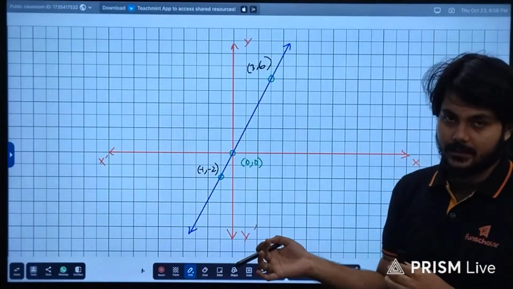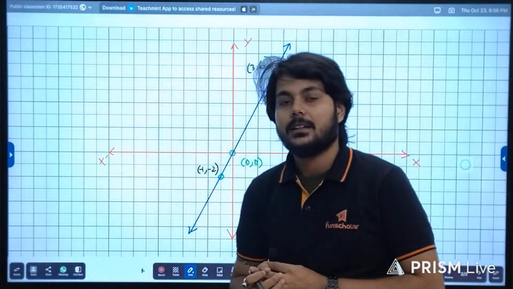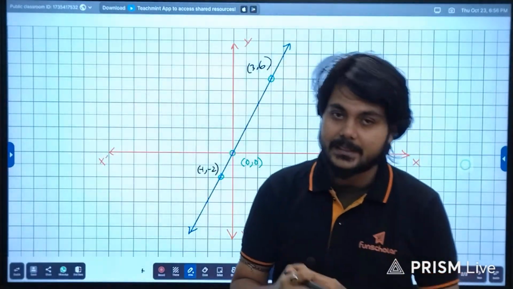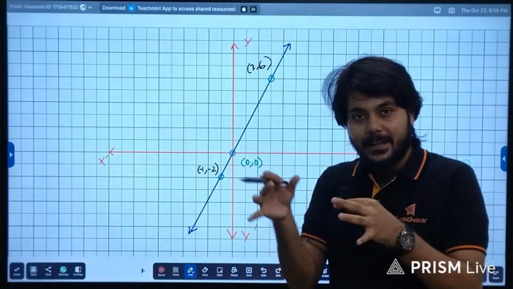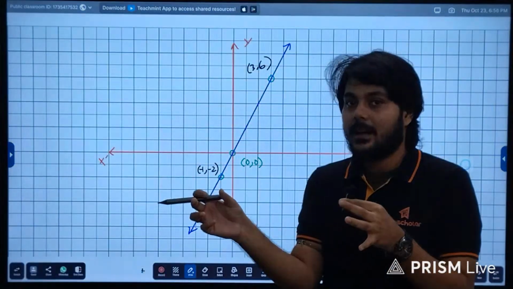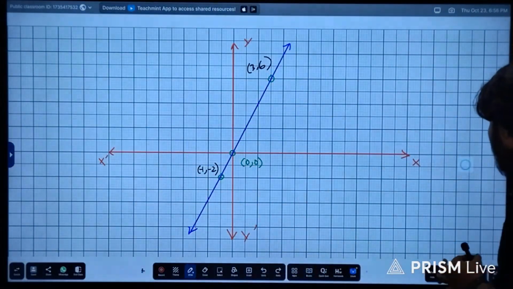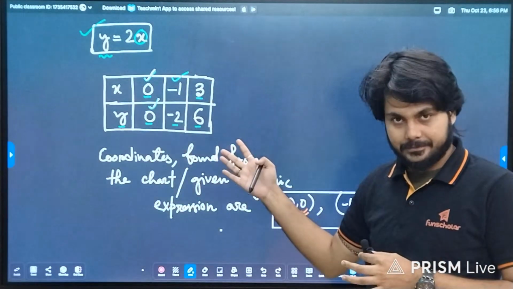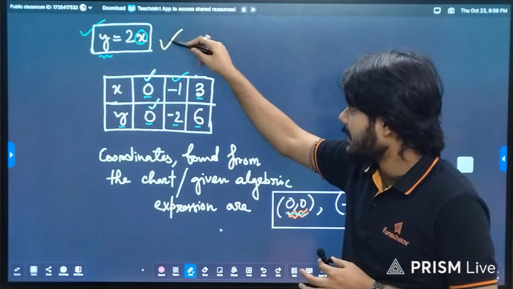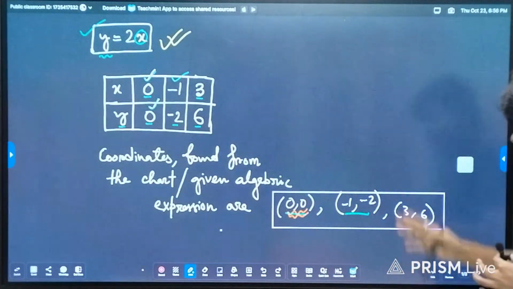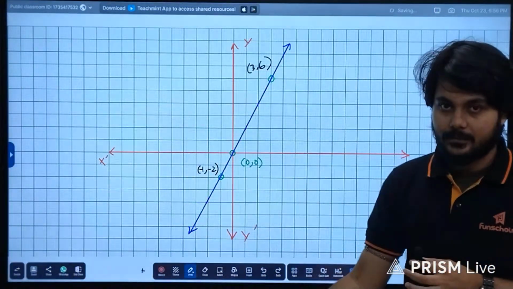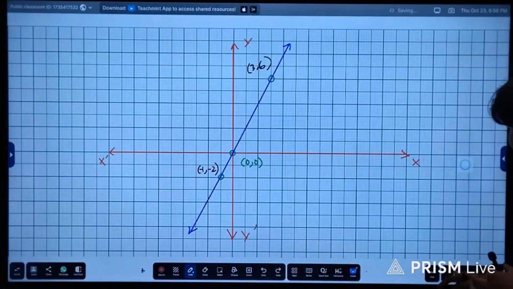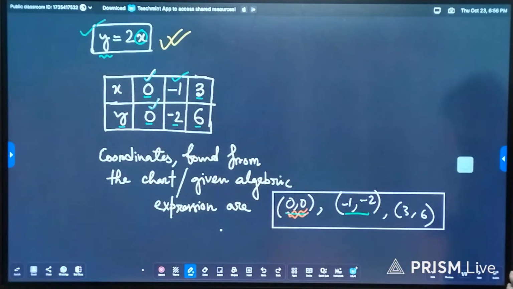I already told you that coordinate geometry simply means the combination or the relation between algebra and geometry. Just see, this is the algebraic expression. So this is the algebra and this is the geometry, the straight line of the following algebraic expression.